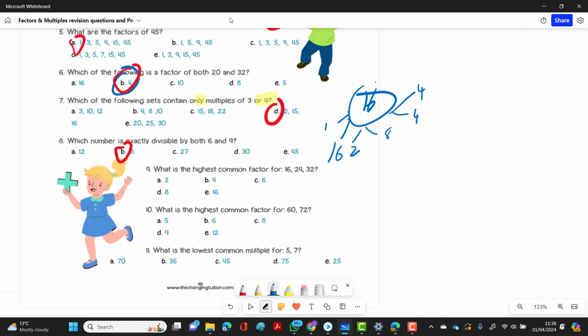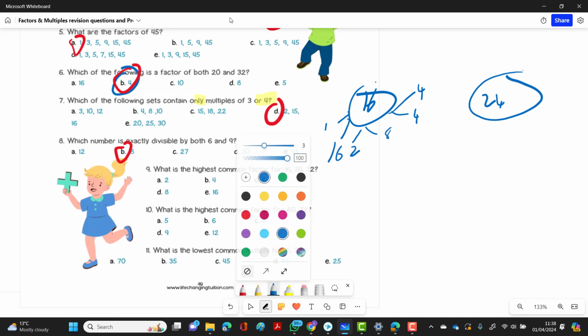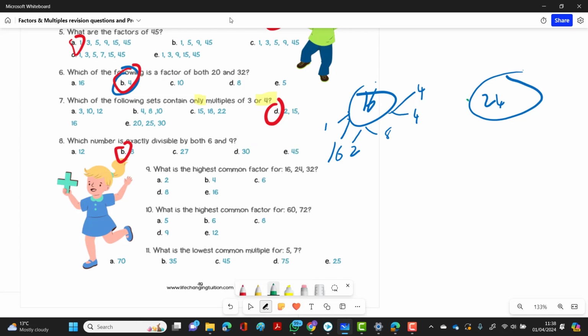And then we've got 24. Let's do a different color. 1 and 24, 2 and 12, 3 and 8, 4 and 6. I think that's it.